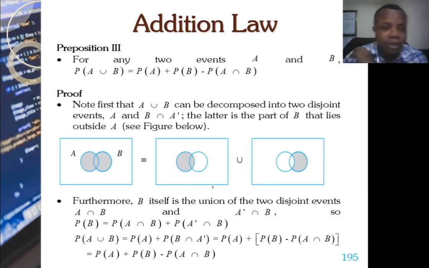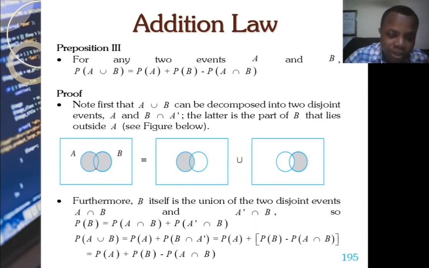Now looking at this, we could see that for any two events, just as we did earlier, probability of A union B is the same as probability of A plus probability of B minus probability of A intersection B. Now note from earlier discussion that if you have two events A and B and you sum everything, you could see that in this overlapping portion there is going to be a double counting.